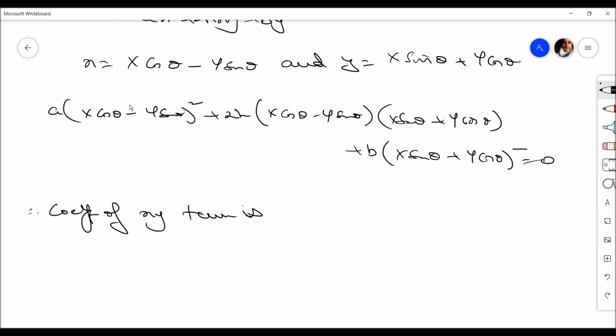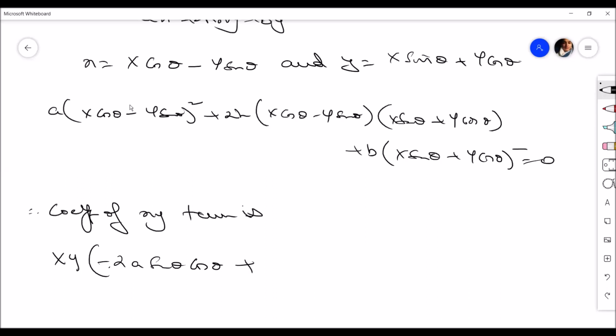X square cos square theta, there is no xy term; plus y square sin square theta, there is no xy term. But in the next term, that is minus 2xy sin theta cos theta, there will be an xy term. So it's actually minus 2xy sin theta cos theta into a. Can that be written as minus 2a sin theta cos theta? Any doubts, anyone?